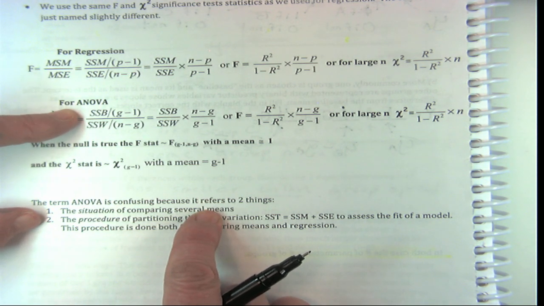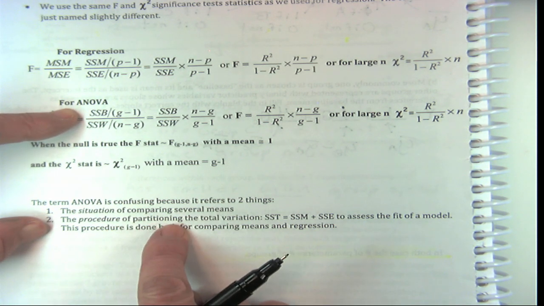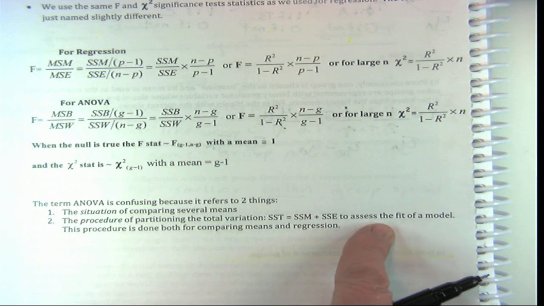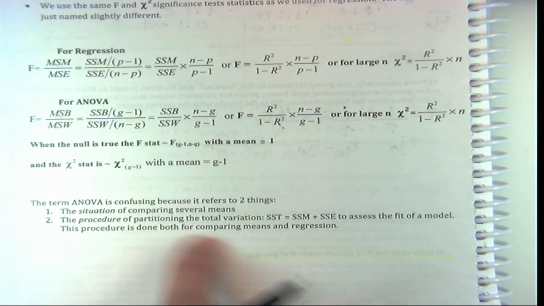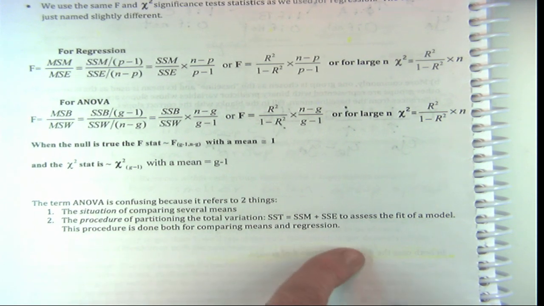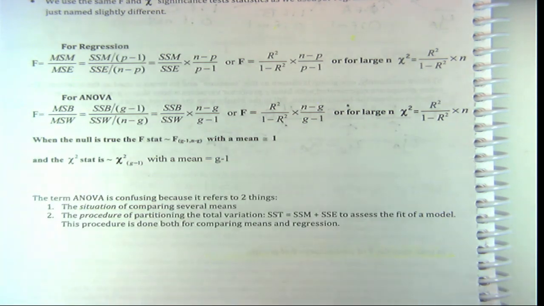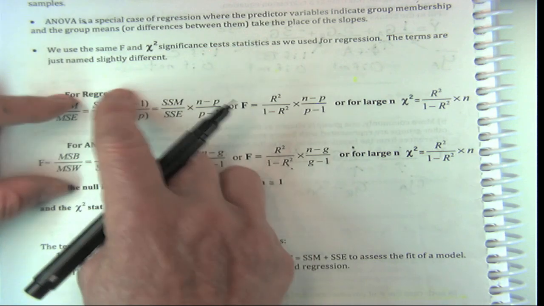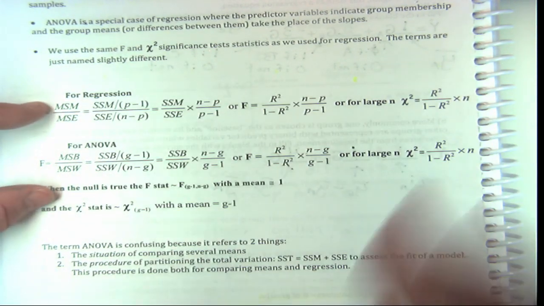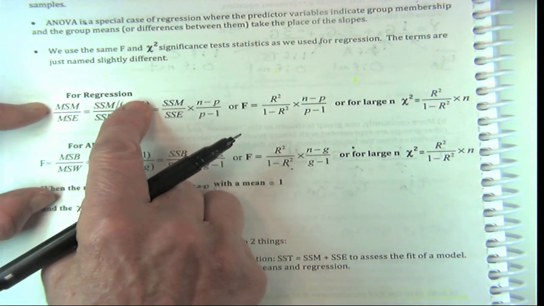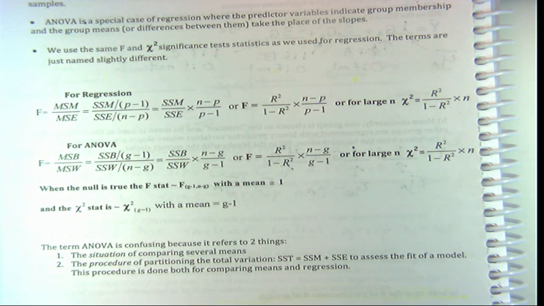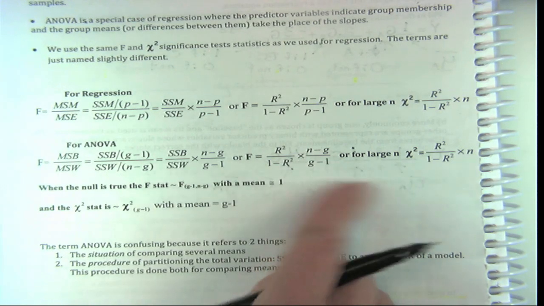But it also refers to the procedure of partitioning the variance into 2 parts, analysis of variance. And that procedure is done for both comparing means and regression. So we're doing ANOVA whenever we partition the variance and compute these things.